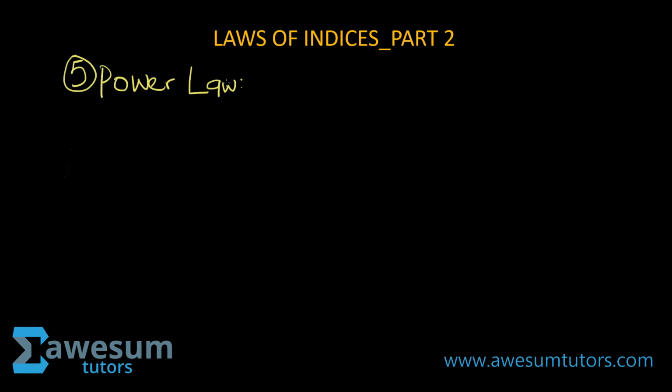What do we mean? When you have a number raised to a power which is again raised to another power, what you simply need to do is to multiply these powers. You have 2 and you have 4.